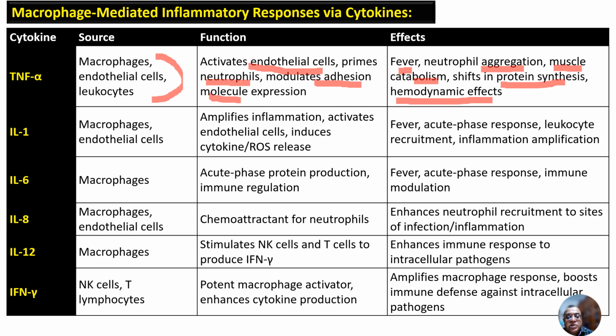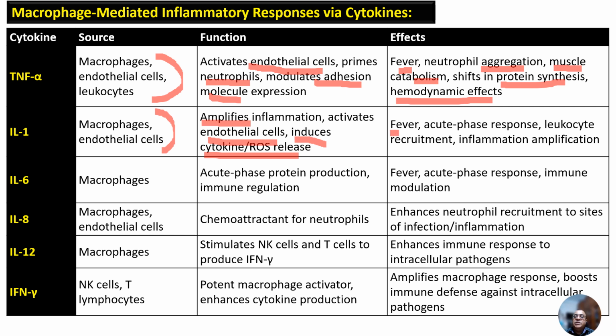The sources of interleukin 1 are macrophages and endothelial cells. This interleukin 1 amplifies inflammation and activates the endothelial cells. It also induces cytokine and reactive oxygen species release.